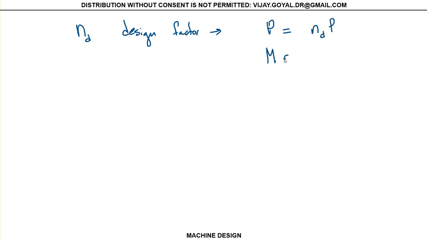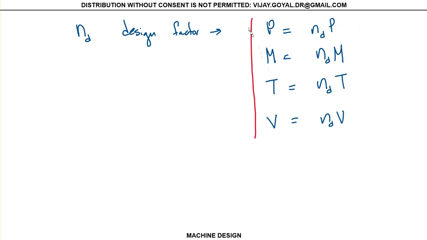Your moment, your torque, your shear will each be multiplied by the design factor. That's the first thing you do in any problem. You take your design factor and multiply it with your loads, and these are now the new loads that you use for your entire analysis, okay?